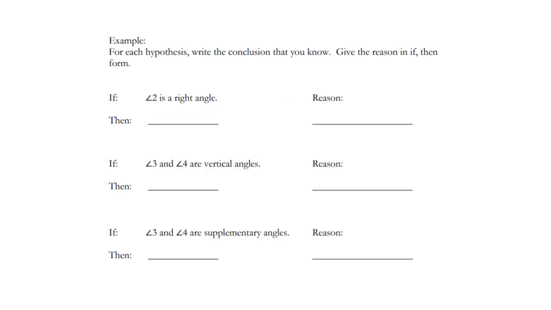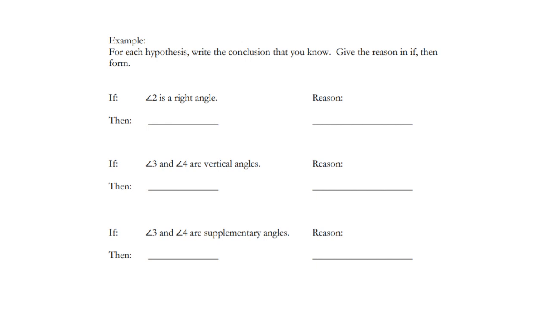Okay, so if you didn't pause in the previous example, I would really like you to pause the video right now. For each hypothesis, write the conclusion that you know, and then give the reason in if-then form. You are able to go from the hypothesis to the conclusion. Okay, so if angle 2 is a right angle, what do we know?